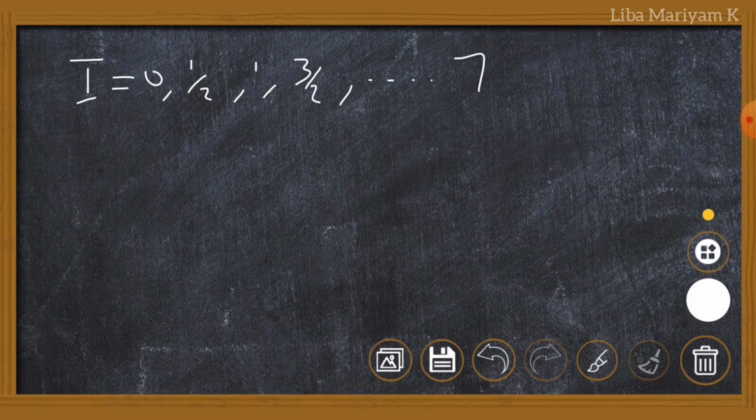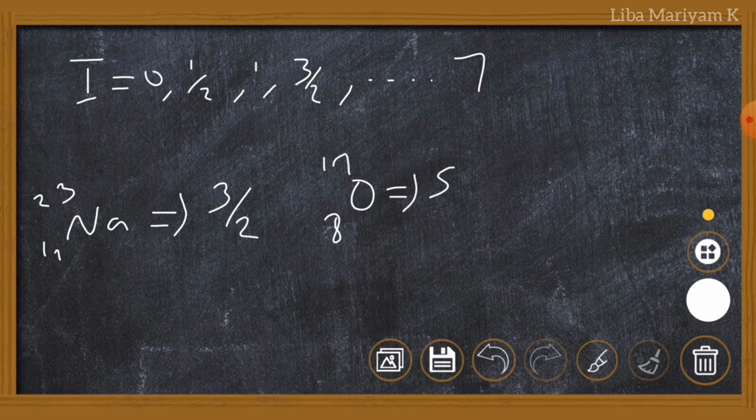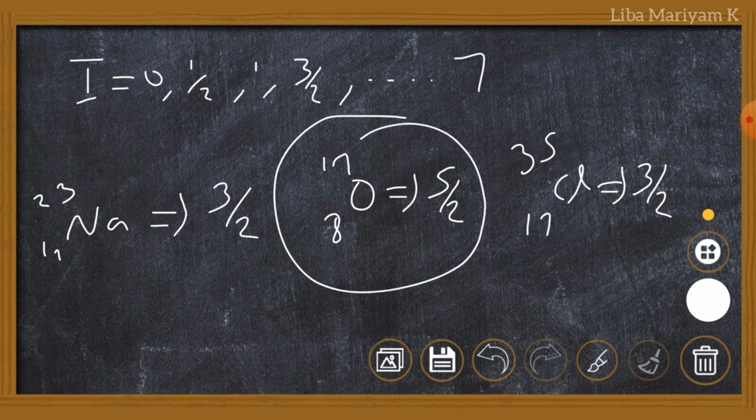For example, sodium 11Na23 has spin 3/2, and 8O17 has 5/2, 17Cl35 has 3/2. ക്വസ്റ്റ്യനിൽ ചോദിച്ചിട്ടുള്ളത് O17 ആണ്, വിച്ച് ഈസ് 5/2. Therefore option D is correct.